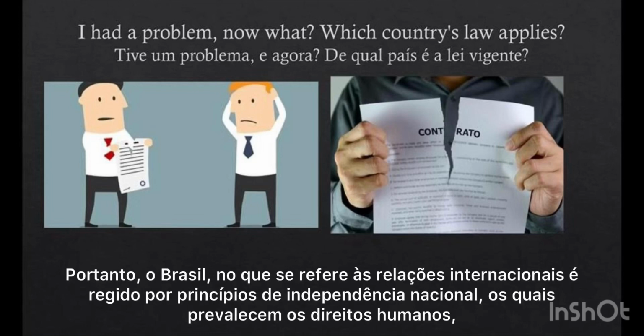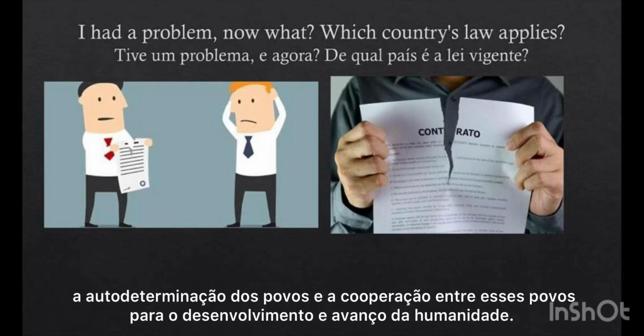Therefore, Brazil, as far as international relations are concerned, is governed by the principle of national independence, which prevails over human rights, self-determination of peoples, and cooperation among these peoples for the development and achievement of mankind.